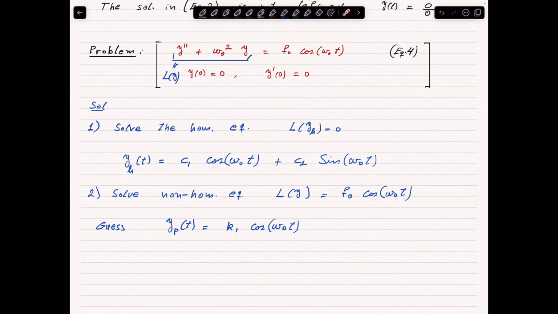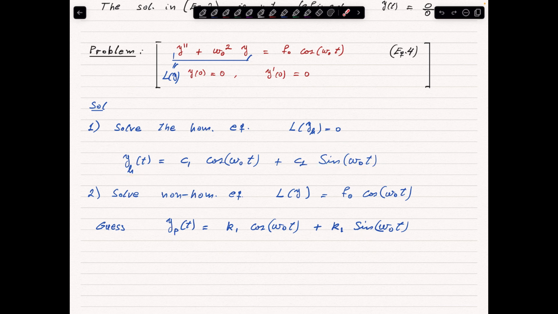And why is that? Because this function here is a solution of the homogeneous equation, because we are using the natural frequency. And even if we put the other term, which we shouldn't need to, the sine is not going to fix the problem, because it is also a solution of the homogeneous equation.